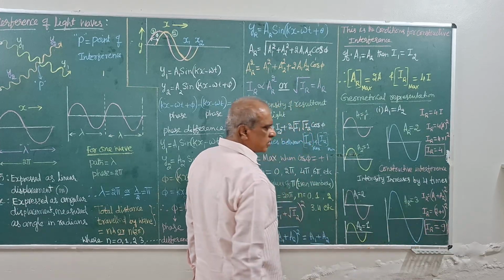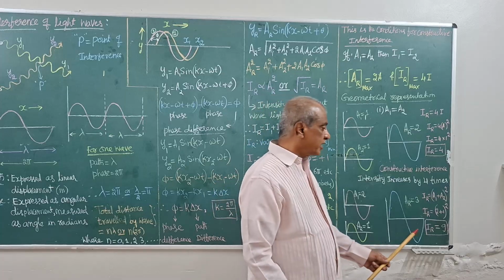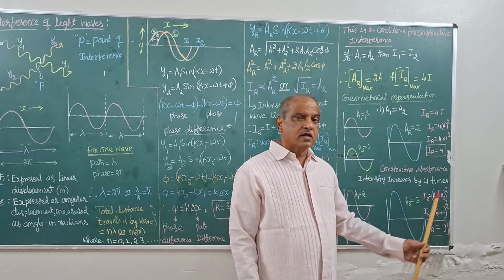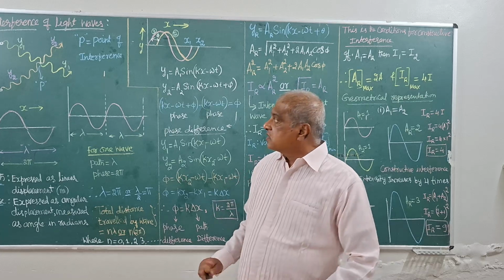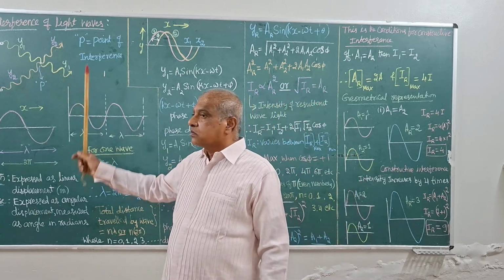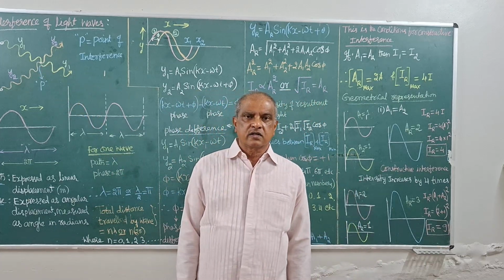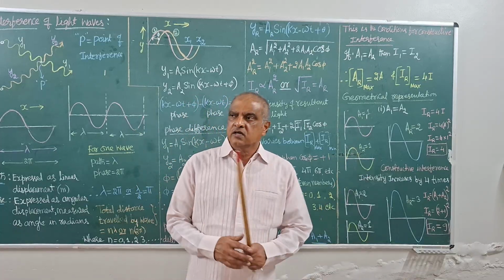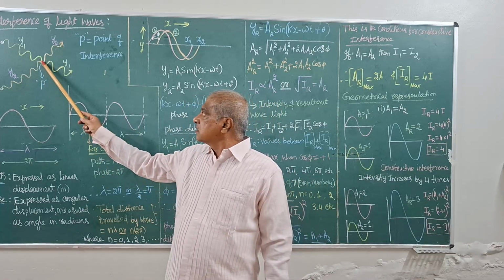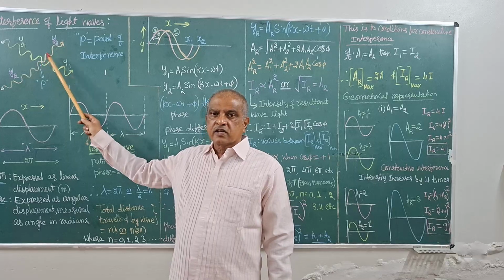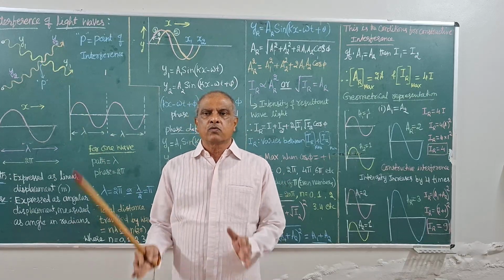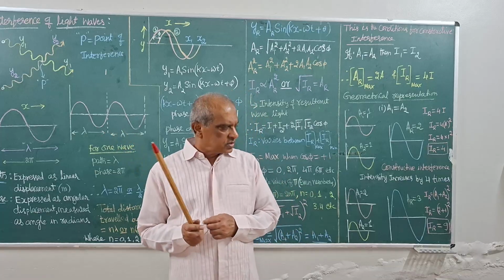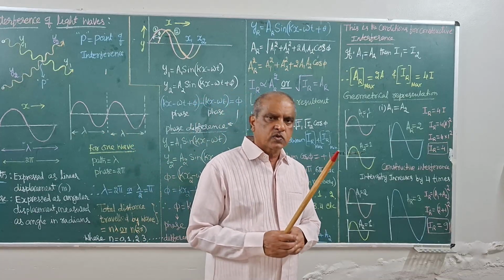The intensity is increased by 9 times, because the amplitude increased like that. Any increase in resultant amplitude will increase the intensity much higher. In this case, the intensity of the light at this interference is increased by 9 times, and we get an even brighter fringe. So this is the condition for constructive interference.